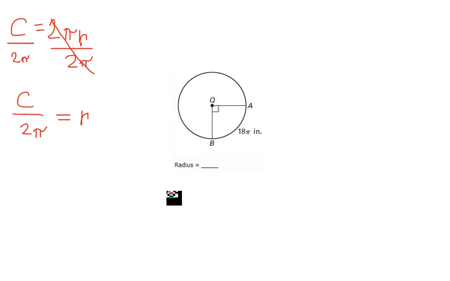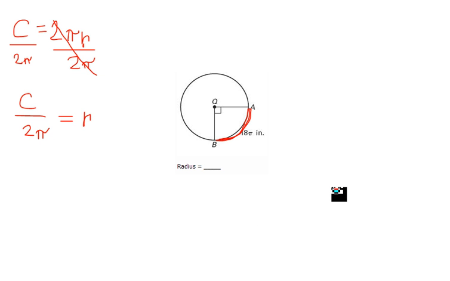So let's go back to what we did in problem 8. Okay, so the first thing we did was we looked at the arc AB, which was a portion of the entire circle. And remember that the ratio of the angle that that arc traces, in this case we have a 90-degree angle, it's a right angle, to the whole circle is 90 over 360.